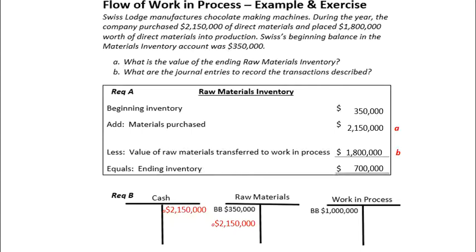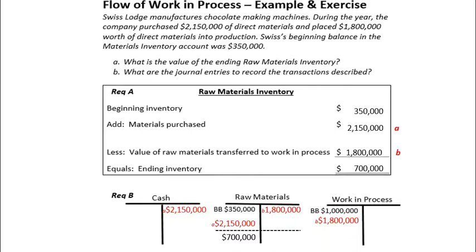So let's go ahead and do the journal entry to transfer the raw materials into work in process. We do a debit to work in process for $1,800,000, and we credit raw materials for $1,800,000.